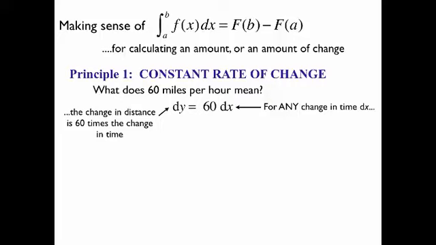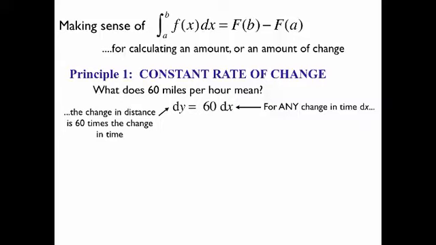It means you know how far you go in 2 hours. 120. It means you know how far you go in 10 hours. 600. It means a lot more than just you go 60 miles in 1 hour. For any amount of time, you go 60 times that amount of time in distance.